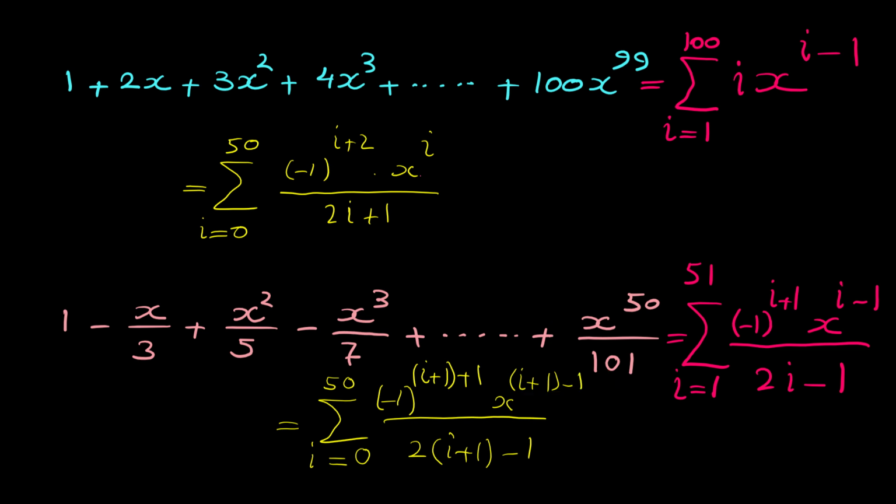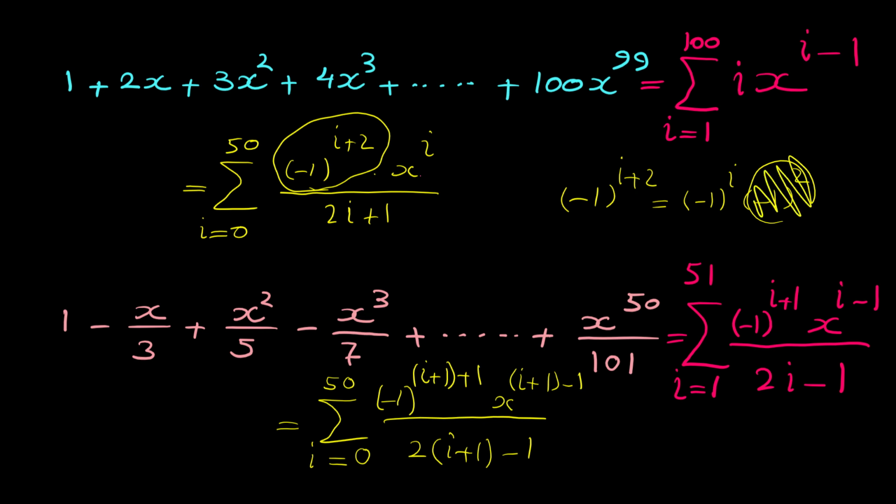Before we finish this video, let me explain something about here for you. Negative 1 to the I plus 2 is basically negative 1 to the I times negative 1 to the 2. We can write it this way. Negative 1 to the 2 is 1. So negative 1 to the I plus 2 is the same as negative 1 to the I. So we can write this sigma here in a better way.